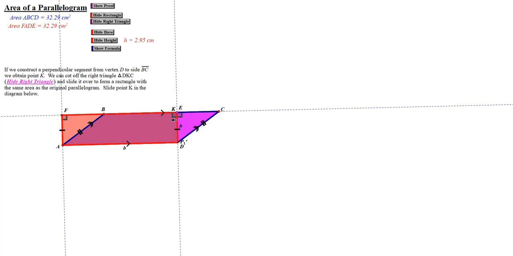Well, let's see. We know this distance here is the same. The height here and height here are the same because they're opposite sides of a rectangle, which we know are congruent. We know we have a right angle here and here. And we know we've got the hypotenuse here, this side here and this side here, parallel and congruent because it's a parallelogram.